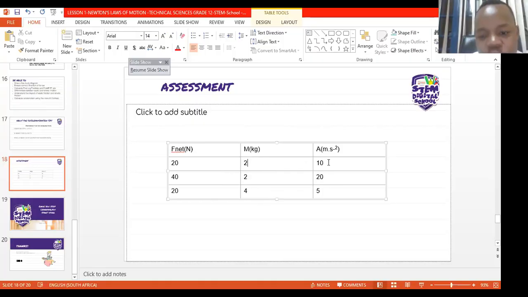If I have a smaller mass, my acceleration is 10, meaning it's larger, compared to when I have a bigger mass of 4, and my acceleration becomes smaller, which is 5. So the smaller the mass, the larger the value of the acceleration. The bigger the mass, the smaller the value of the acceleration, provided the net force is not being changed, provided the net force remains constant.